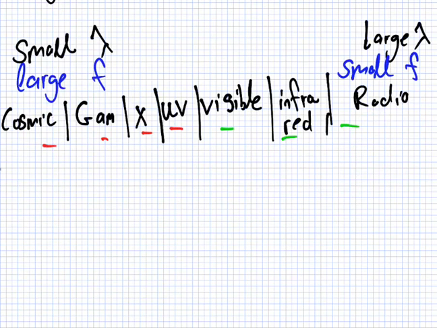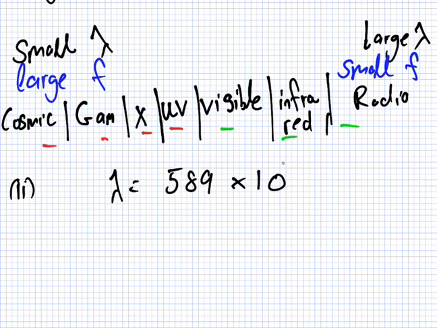Okay, next one, part 2. We have yellow light, and its wavelength is 589 times nano. What's nano? Minus 9, micro is minus 6. And they want the frequency.